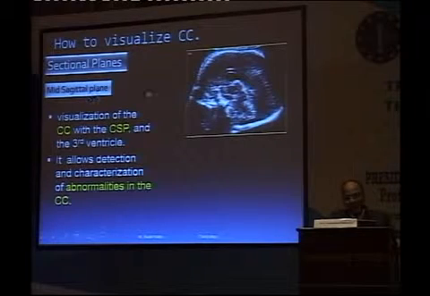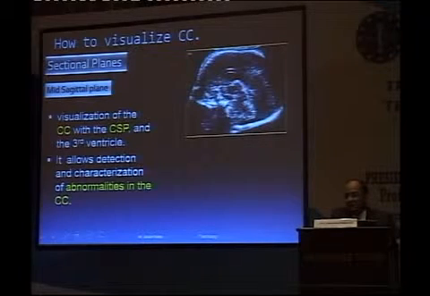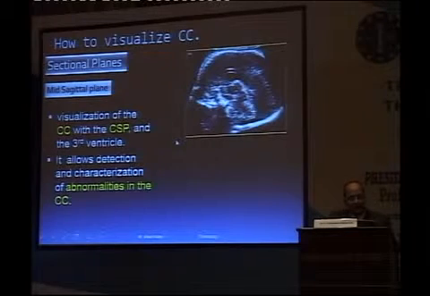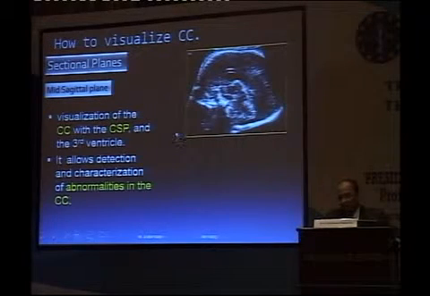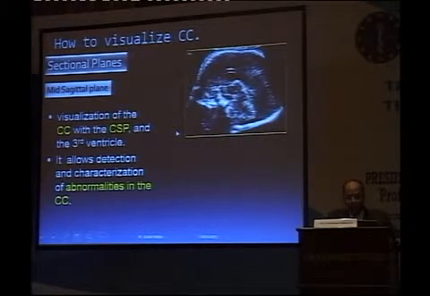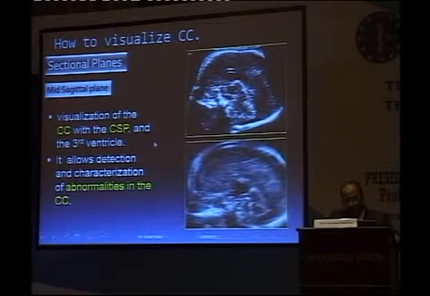The best is to scan the corpus callosum in the mid-sagittal plane, where you can see all parts of the corpus callosum. But this is not usually visible in all cases, so we can use either 2D ultrasound when it is visible, or 3D ultrasound, and then we reslice the volume in the sagittal or mid-sagittal plane.